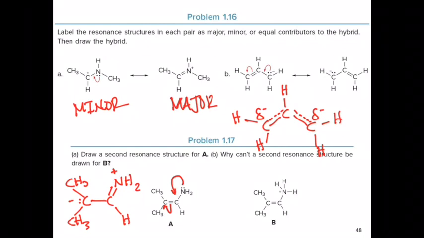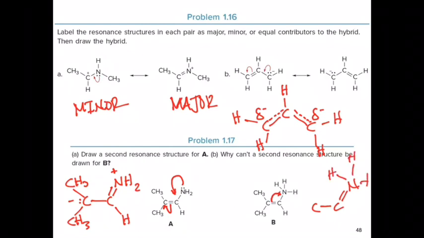All right, so how do we explain why structure B cannot have a second resonance structure? Well, let's take a look. We know that a positively charged atom is electron deficient. And so if one of these bonding pairs goes onto this bond here to form a bond, then what you have is a double bond with a nitrogen, and this nitrogen has 3 hydrogens.